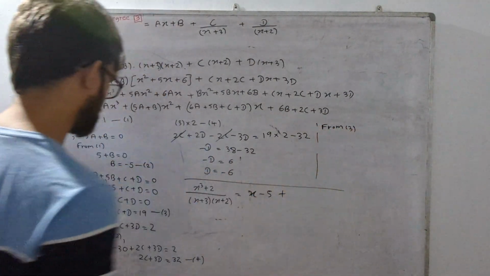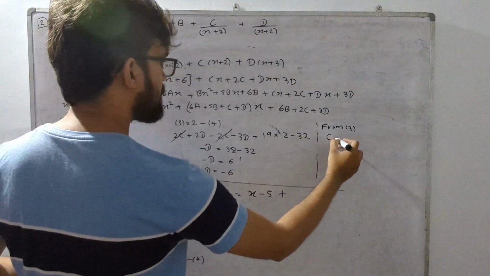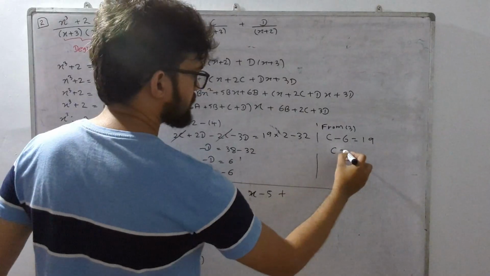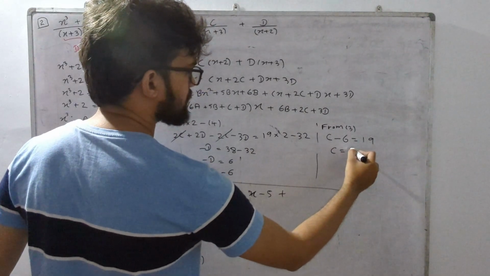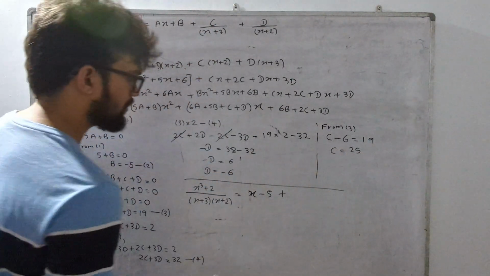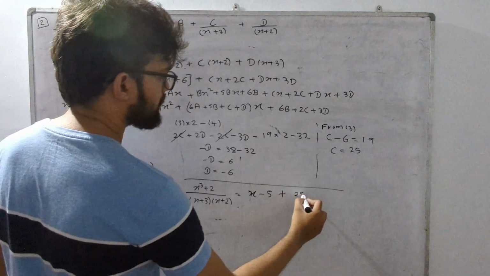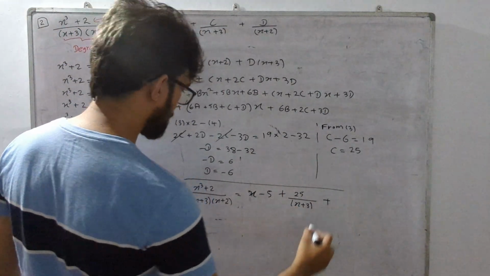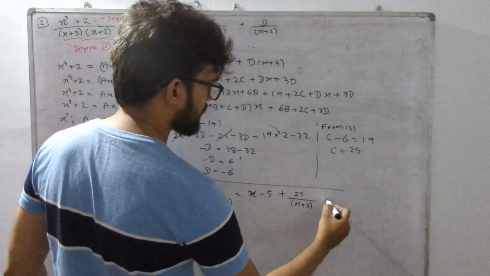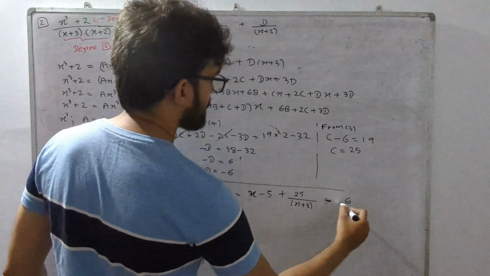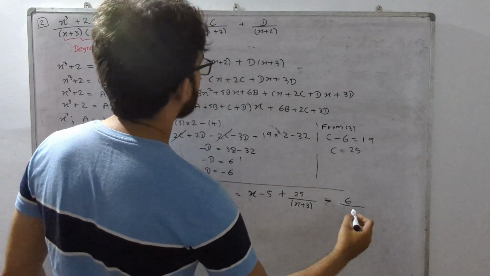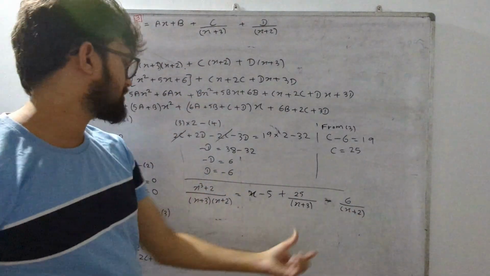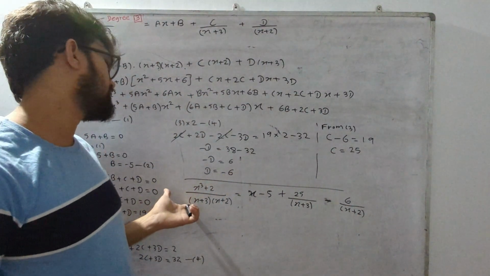From the equation, c plus d equals 19, d equals minus 6. So c equals 19, minus 6 goes to the other side, plus 6, equals 25. So c over x plus 3 is 25 over x plus 3, plus d equals minus 6, so I can write minus 6 over x plus 2. These are the partial fractions of this improper rational function.